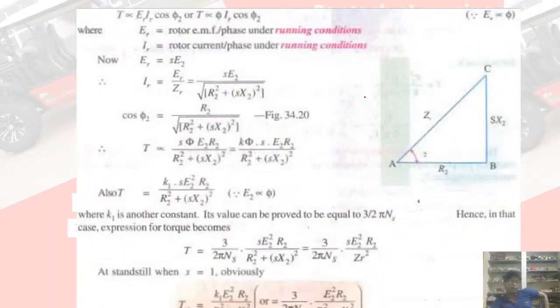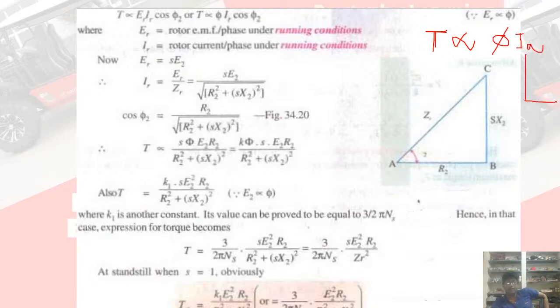Now consider the torque equation of the separately excited DC machine: torque was proportional to flux and the armature current.